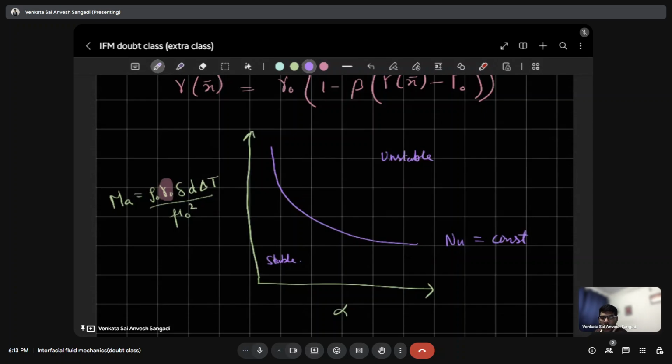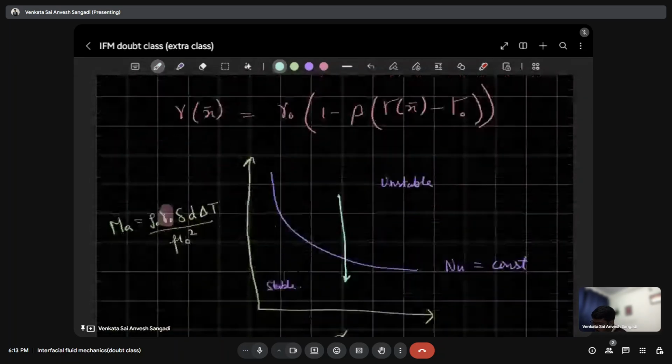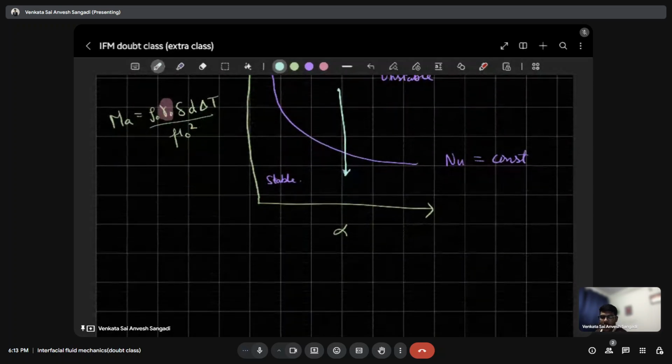Let's say we start at a point here and reduce the surface tension. As we reduce the surface tension, our stability increases.